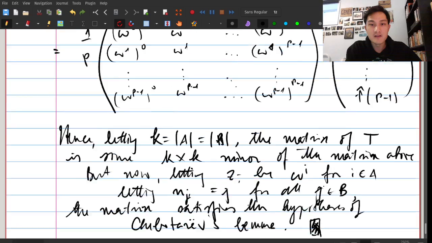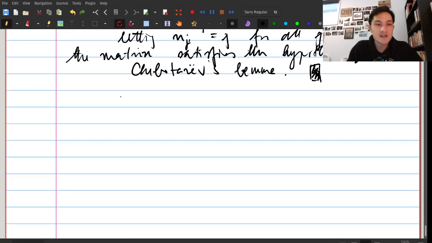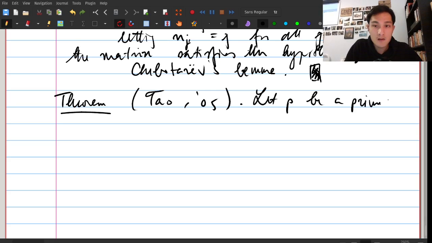And this is going to be very useful in the proof of Tao's uncertainty principle, which we will state right now, even though we've stated it kind of already. Just to make it complete. So, theorem. This is due to Terry Tao, of course. Let p be a prime number.